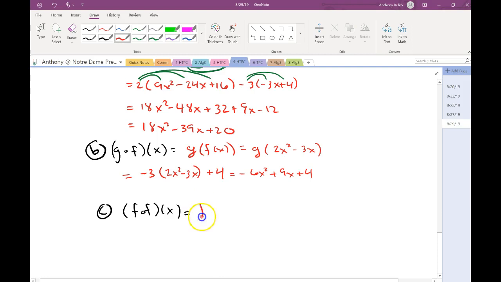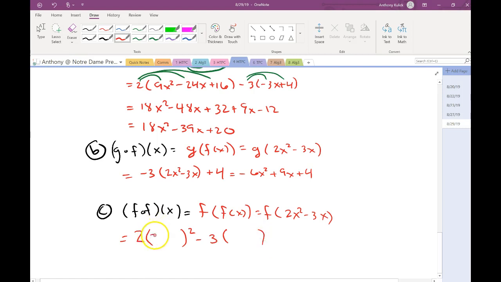So, just like before, I'll start by rewriting this composition using the definition of composition. And then in place of f of x, I'm going to write the variable expression for f of x, but everywhere there's an x, I'm going to replace that with a parenthesis.